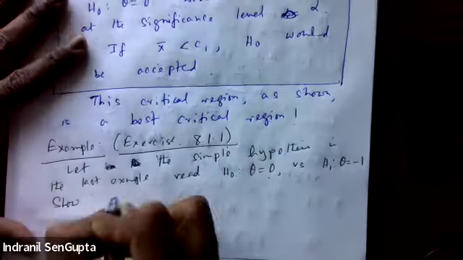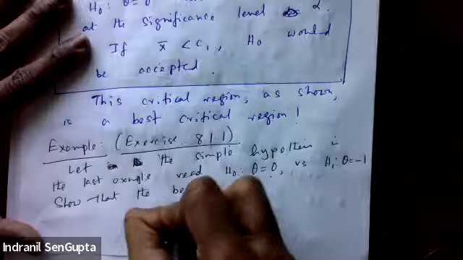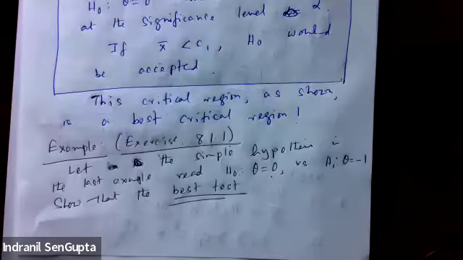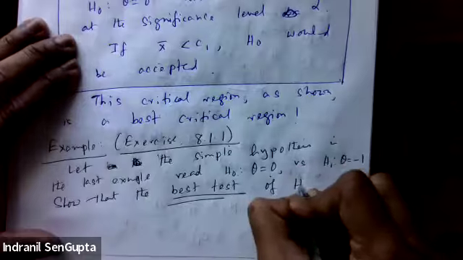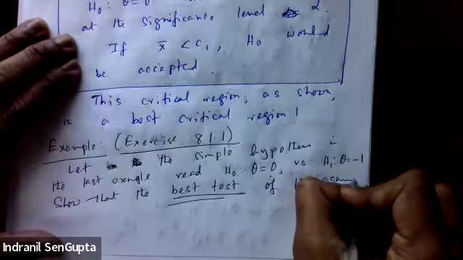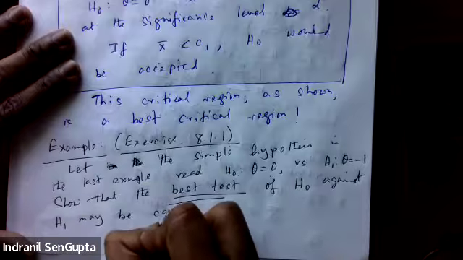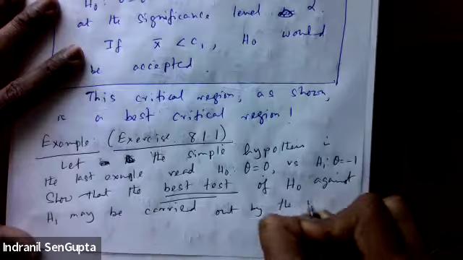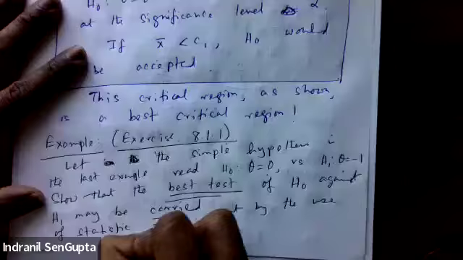Show that the best test, with respect to the best critical region, of H0 against H1 may be carried out by the use of the statistic X bar.